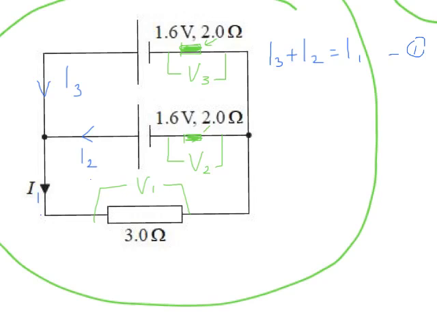Now let's think about Kirchhoff's second law, which is to do with closed loops. We have two loops that we're going to consider. This one first, and then secondly we'll look at this one here. Kirchhoff's second law is that the EMF into a circuit equals the energy out.